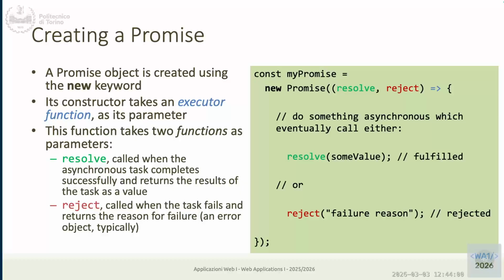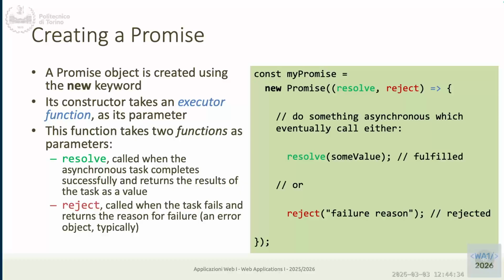If I call reject, then this promise fails, and I can give some motivation, some error message or error object, for the reason why it fails. So in my code I do something, and I may call resolve or reject to finish this promise. It can be completed or can fail, depending on what I call here.